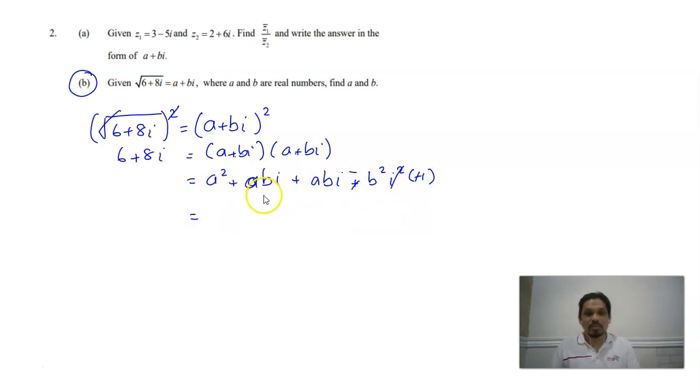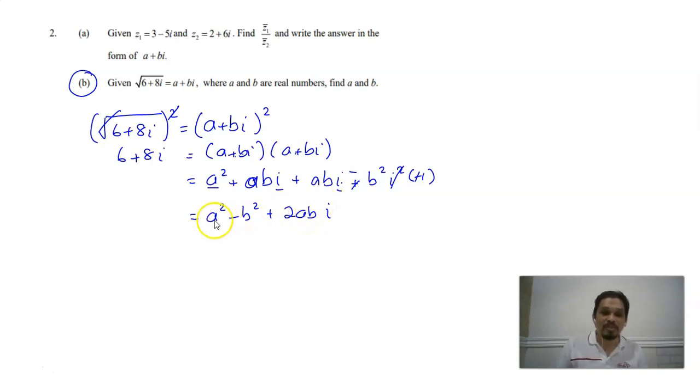So we are going to separate the term without an i: a squared minus b squared. Then plus the terms with i, here and here, which is ab plus ab, 2abi.